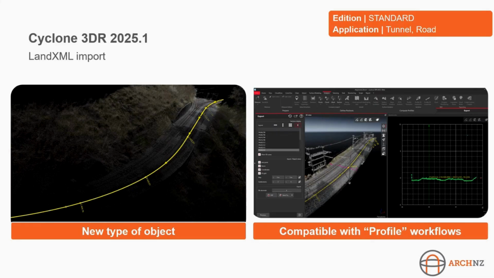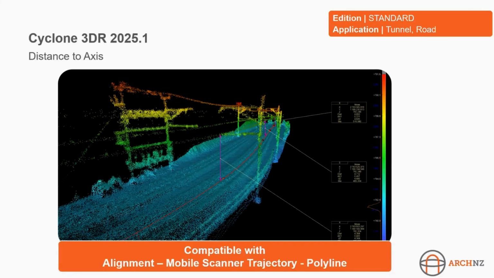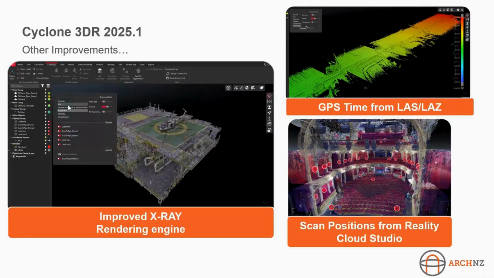You can also use this alignment or any other polylines that you have to then do distance to, like, overhead power lines and calculate clearances, and then you can get all the labels out along that section. So these are the two that I didn't cover, but very cool features as well.